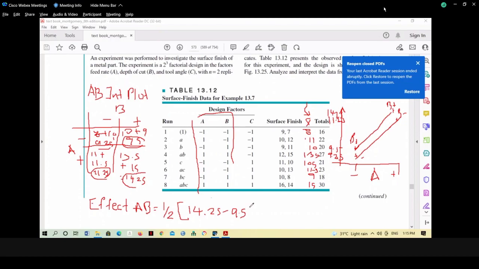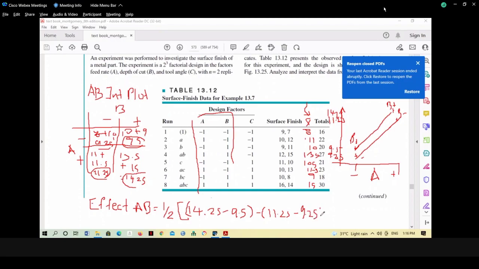So you make the bracket here, right, minus effect of A at low B: 11.25 minus 9.25.